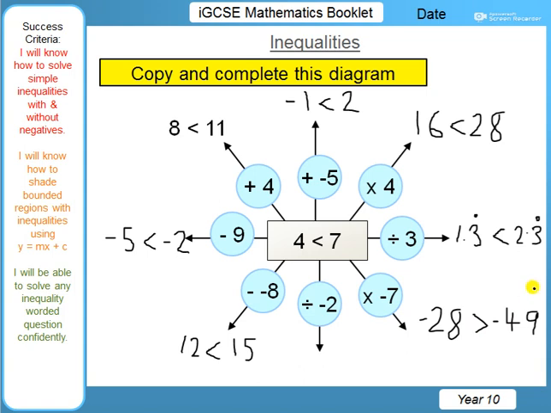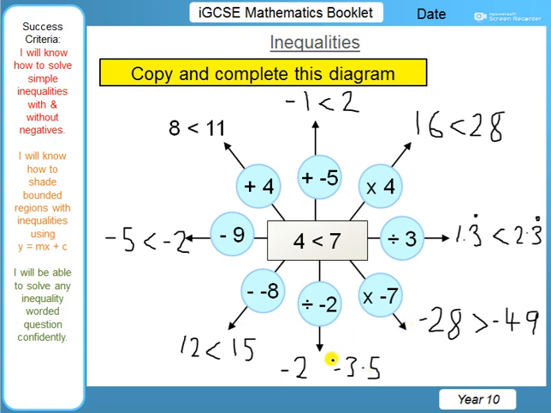And let's look at our last example. So 4 divided by -2, well, a plus divided by a minus is a minus, so that becomes -2. 7 divided by -2 is -3.5.